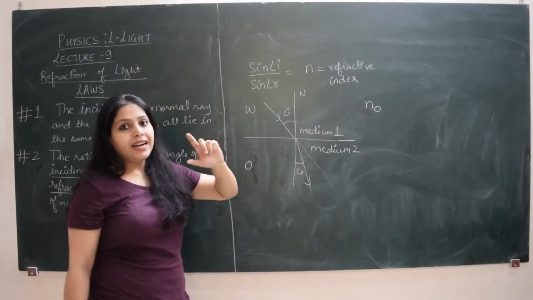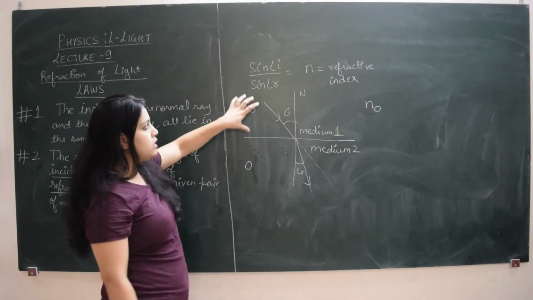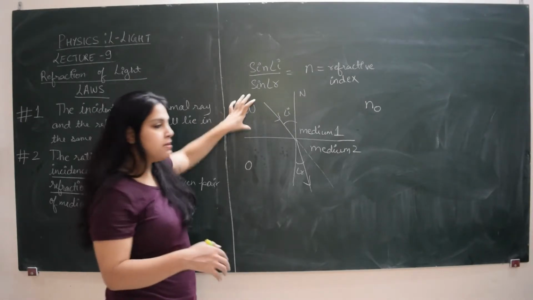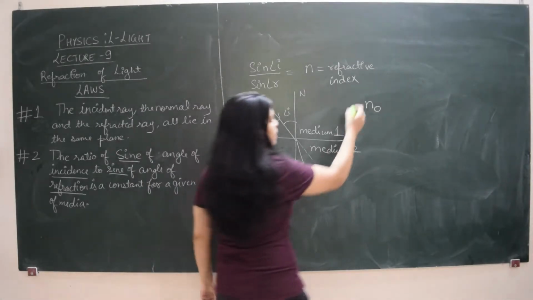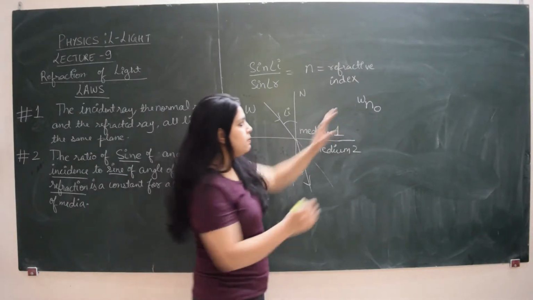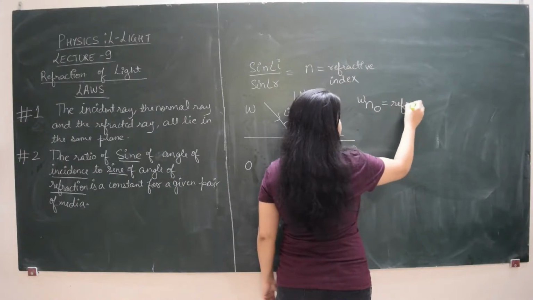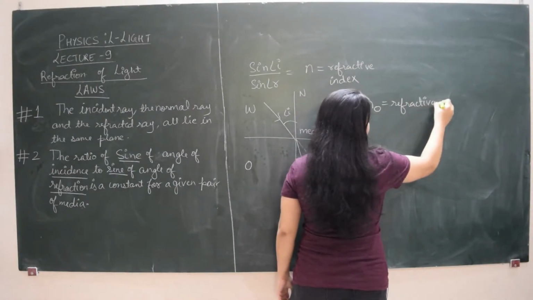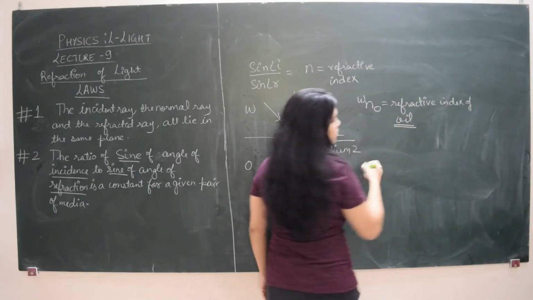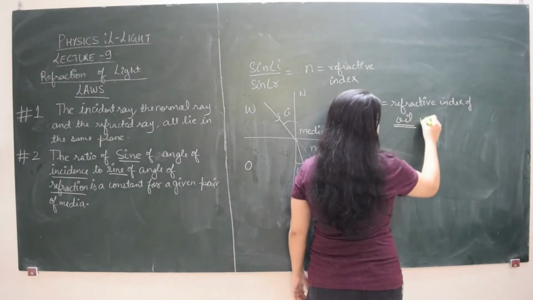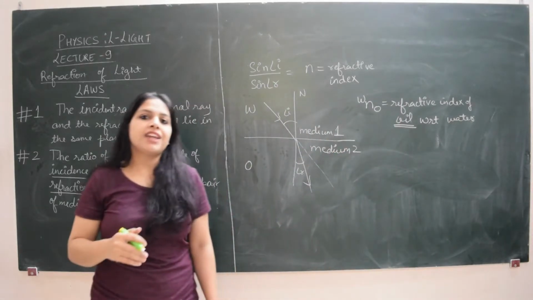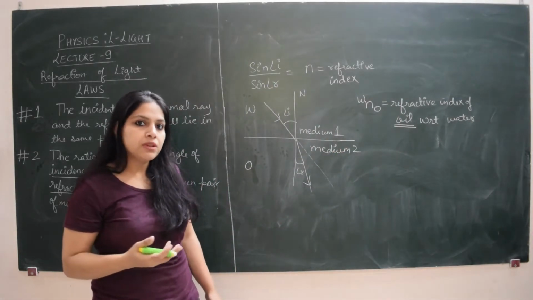But we say that it is for specific pairs, so we have to consider the first medium also. From where the incident beam is coming, which is water, also known as medium 1, that will be presented here at the top. So this symbol basically means that we are finding out the refractive index of oil, the one in which refraction is taking place, with respect to water, the one from which light is coming, the medium in which there is the incident ray.